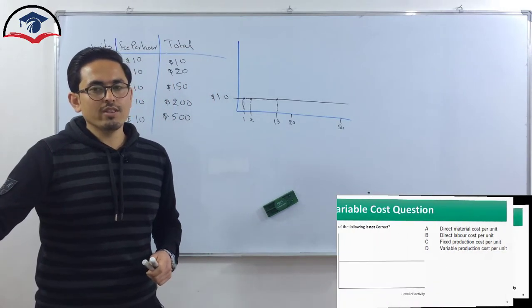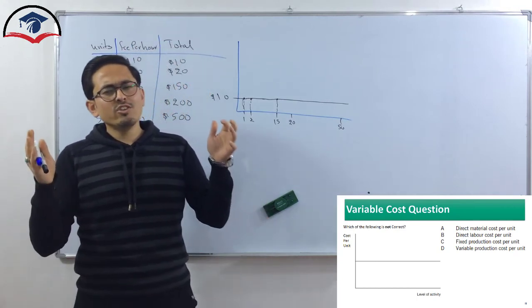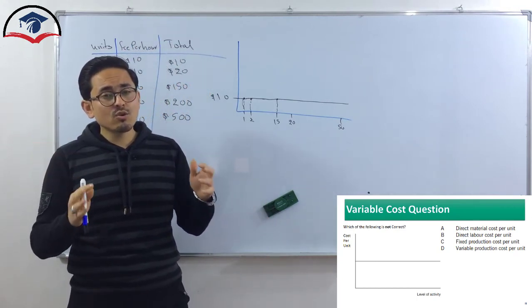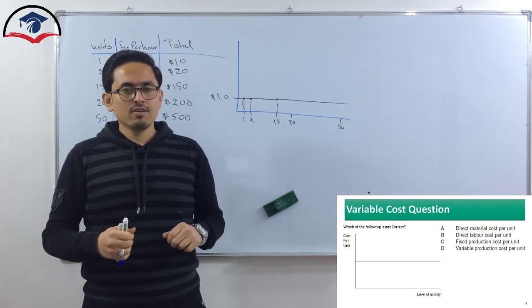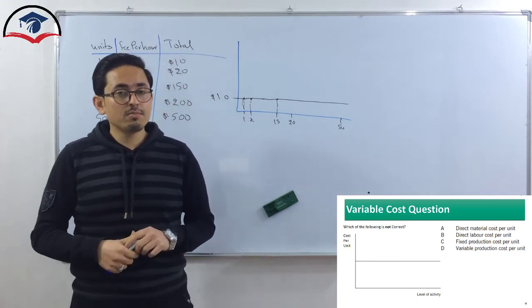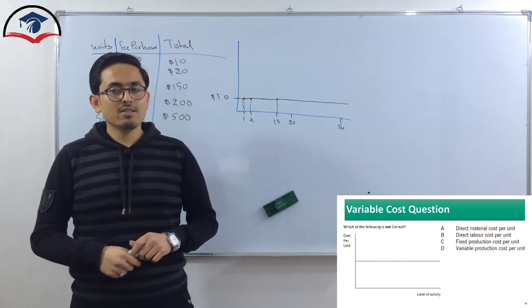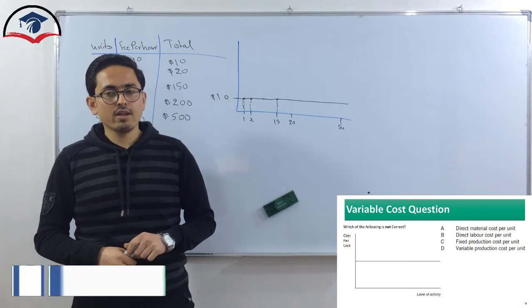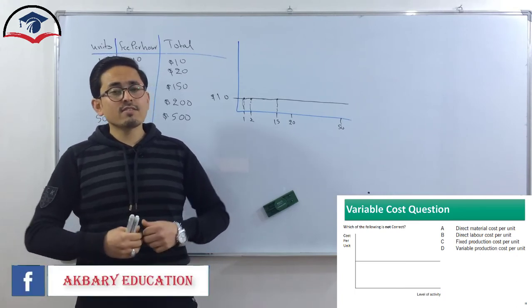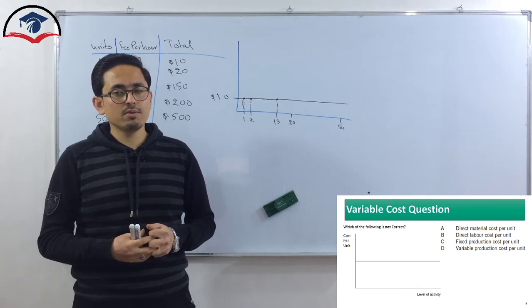Let us go with a practice question as always. The practice question says, which of the following is not correct? Check the graph shown to you. It's on cost per unit basis and we have the 4 options: direct material cost per unit, direct labor cost per unit, fixed production cost per unit, variable production cost per unit.